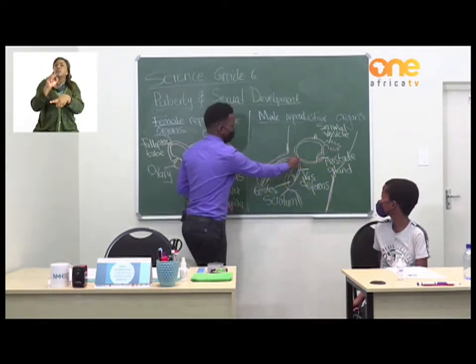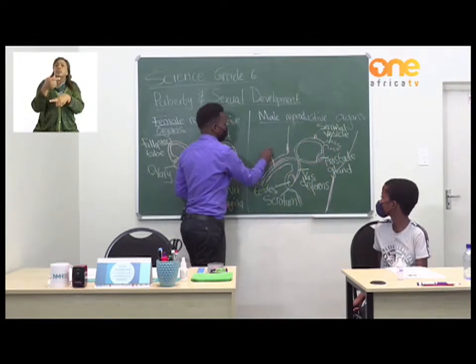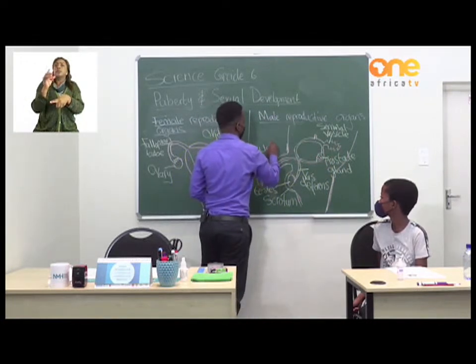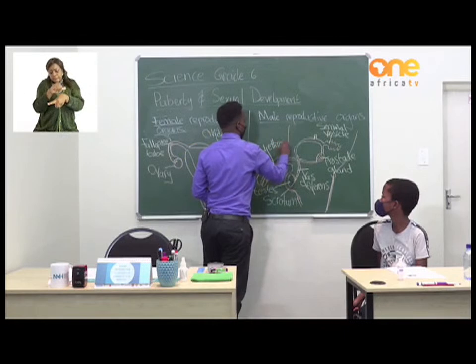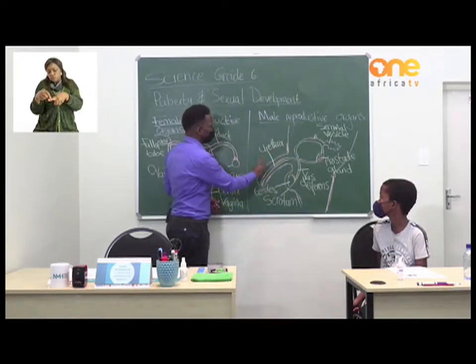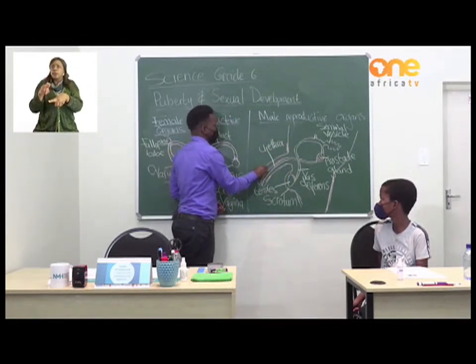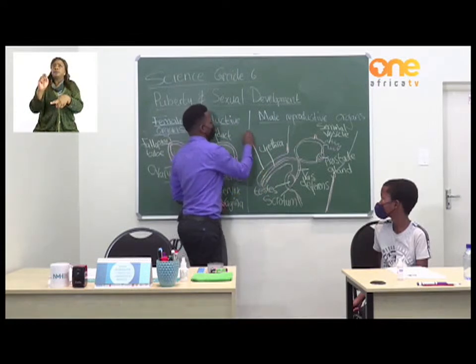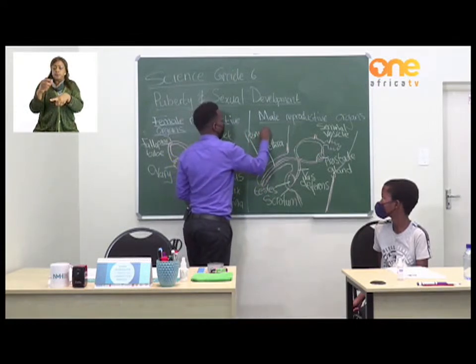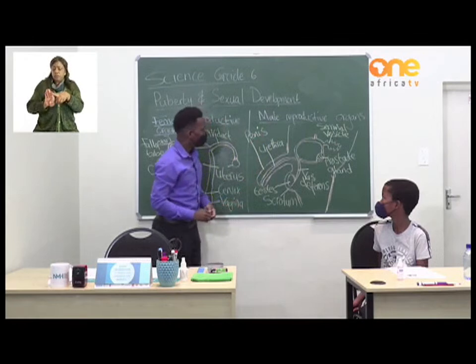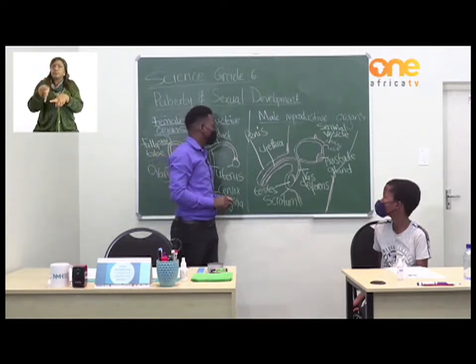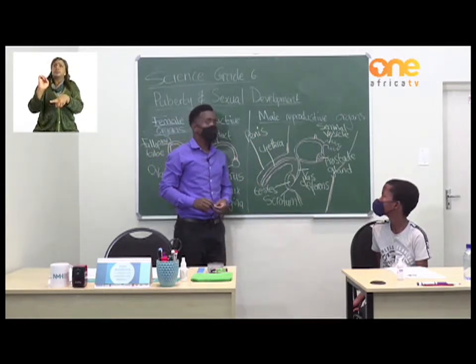From the prostate gland, there's another tube, known as the urethra, and the urethra is housed by another structure referred to as the penis. The penis also hangs outside the man's body.